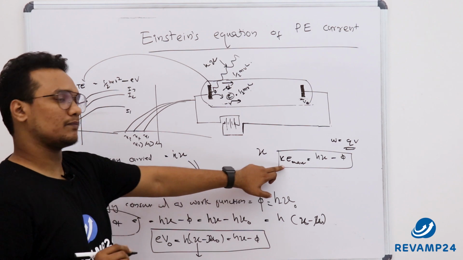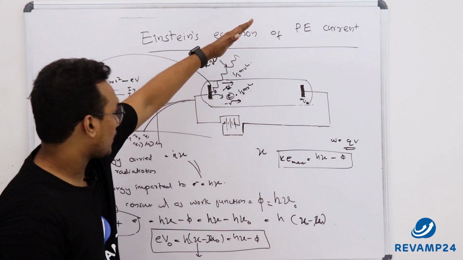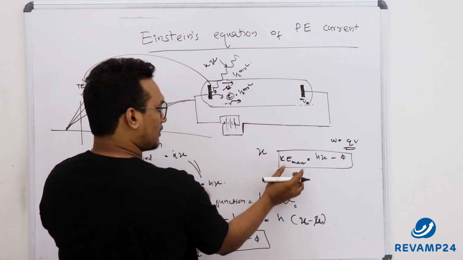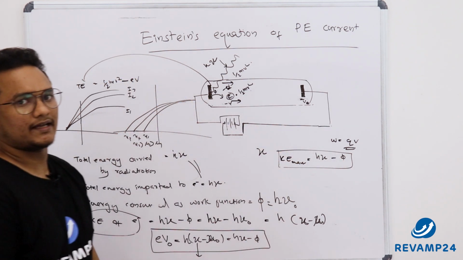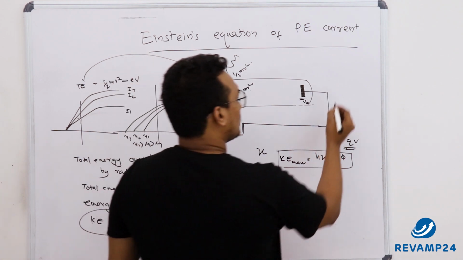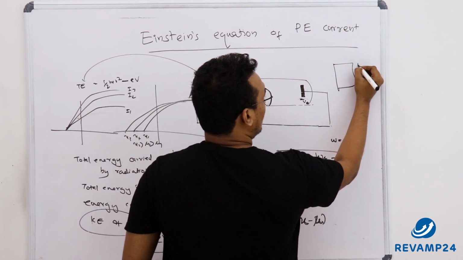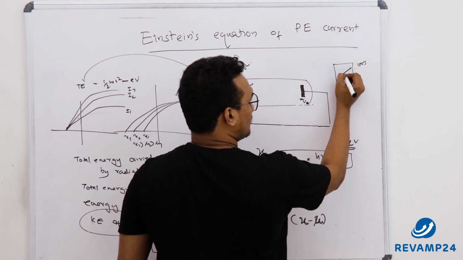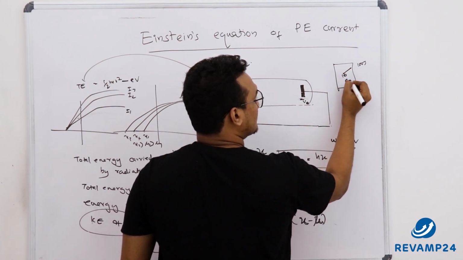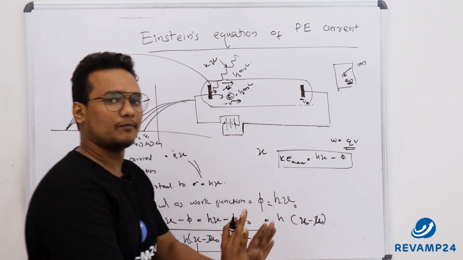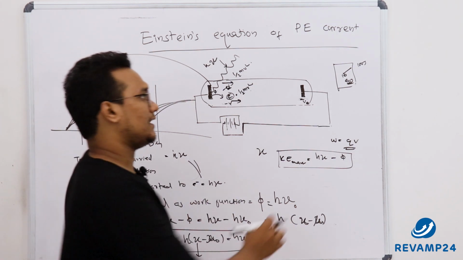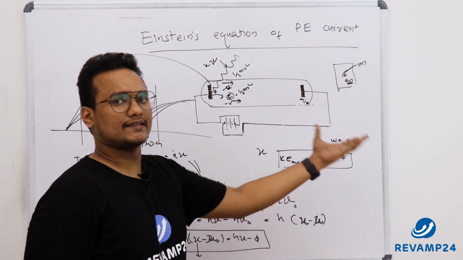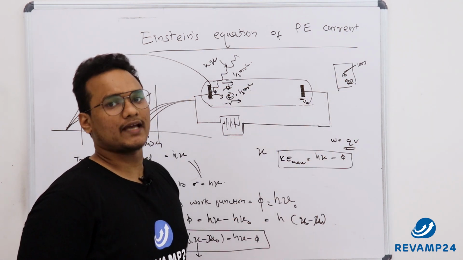Why do I call it the maximum kinetic energy? Because from the incoming radiation, just phi is used. Everything remaining has become kinetic energy. See what will happen now. Out of 100 joule, let's say 10 joule is the work function and is consumed, now the remaining is 90 joule. Now this 90 joule can become kinetic energy. See, 100 joule is the radiation and 10 joule is the work function, the remaining is 90 joule, and that can fully convert into kinetic energy.